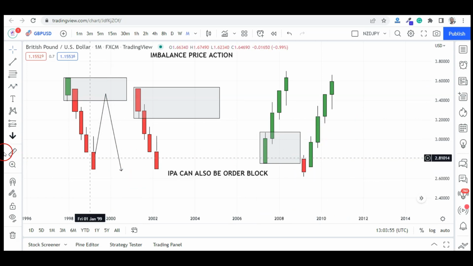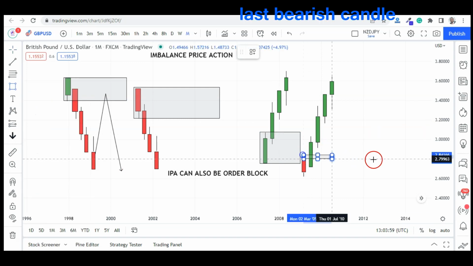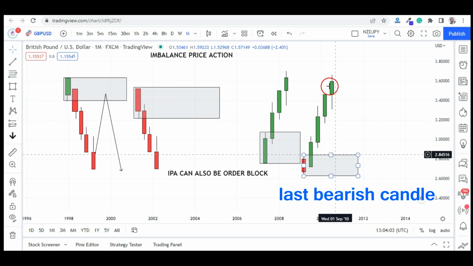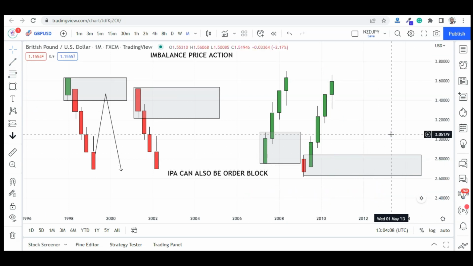Same thing with this. Your IPA candle is your order block here, the last bullish candle before the move up. So you can highlight that as your point of interest. And remember, your points of interest are simply areas where, when price gets to them, you want to start looking for setups to go in your intended direction.